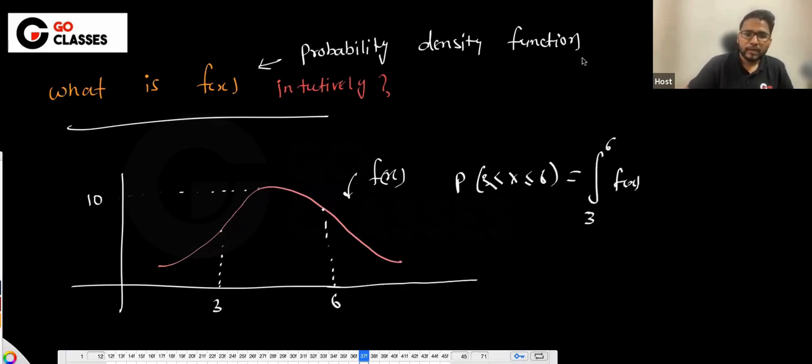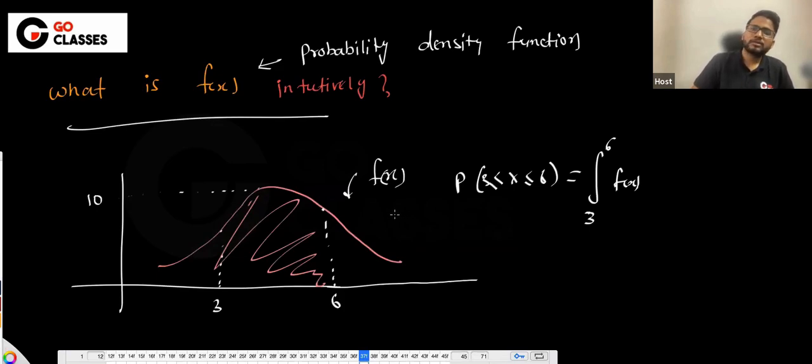If you recall, integration is analogous to the area, which means the probability of x being between 3 and 6 is basically this area. This area cannot be greater than 1. Okay, this can be 10, but this area cannot be greater than 1. If you calculate this area, it will always be less than 1 if it is a valid PDF.